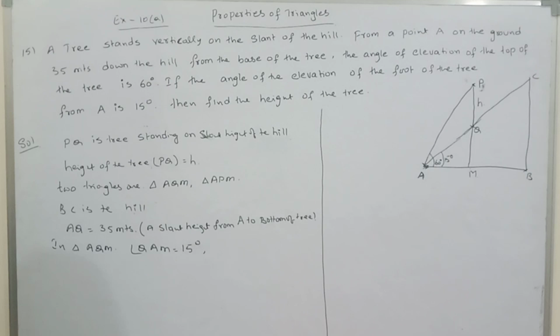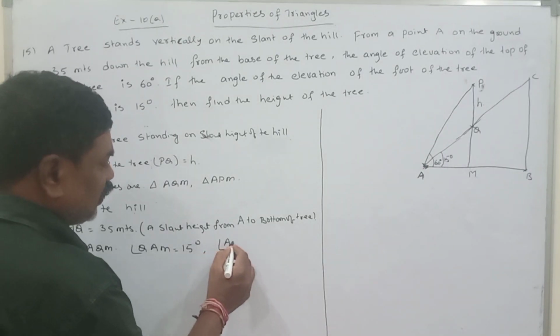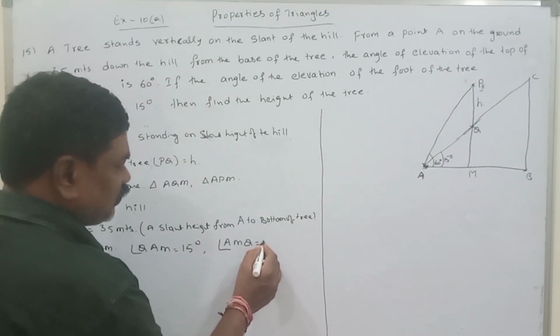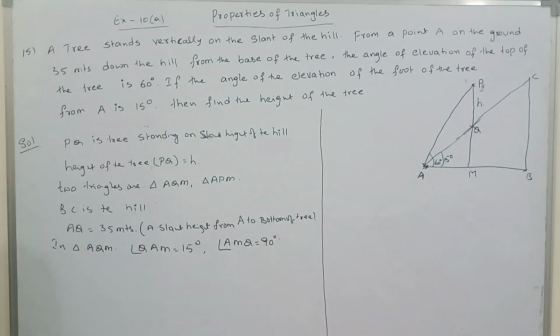The bottom of the tree elevation is 15 degrees, and angle AMQ is equal to 90 degrees, right angle. Then we have to find angle AQM.